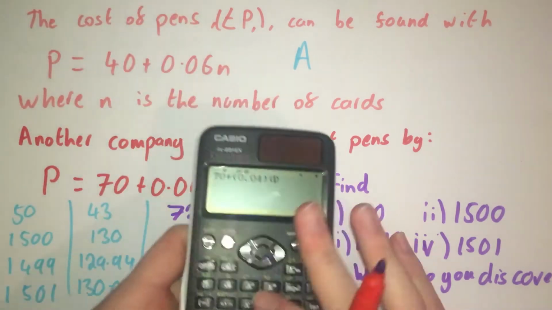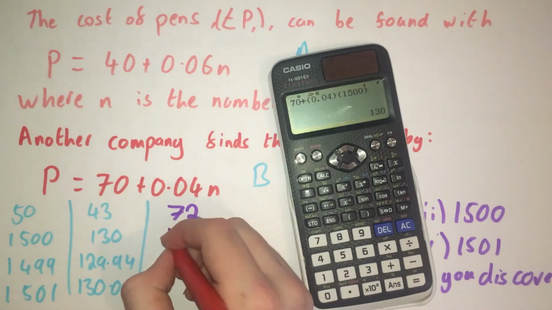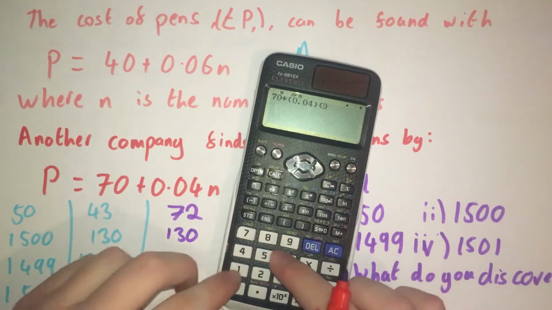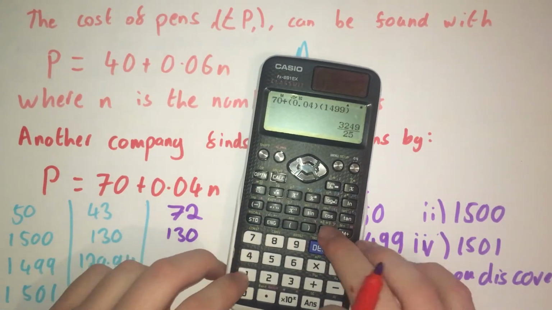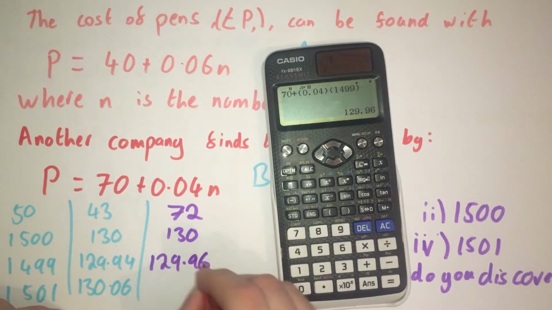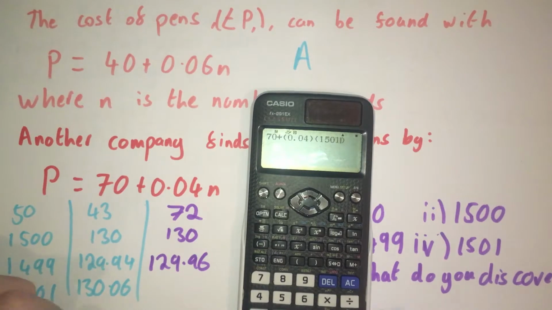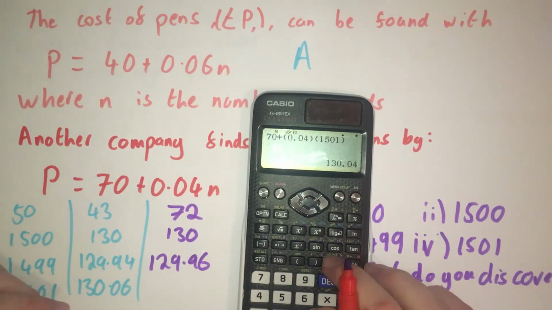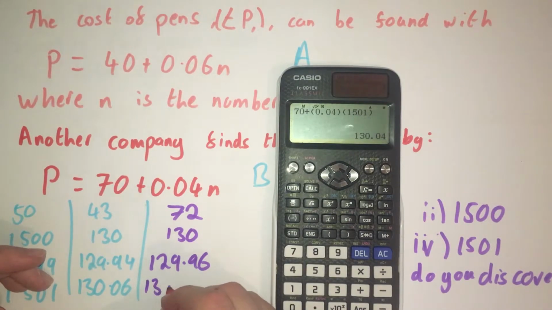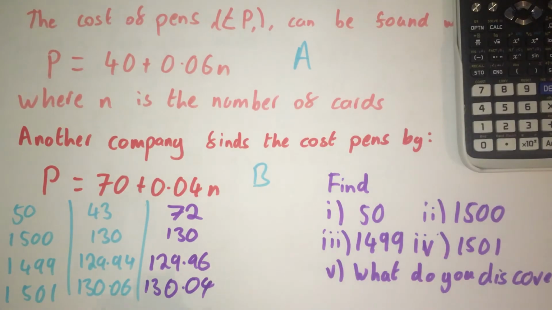Then 1,500, £130. Then 1,499, that's 129.96. Then 1,501 is 130.04.